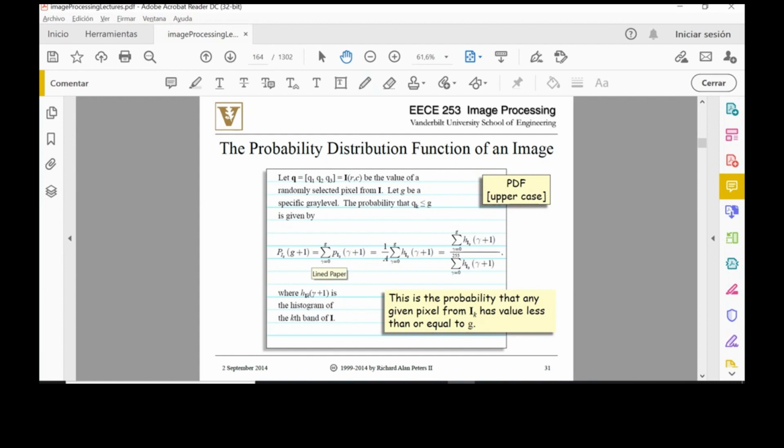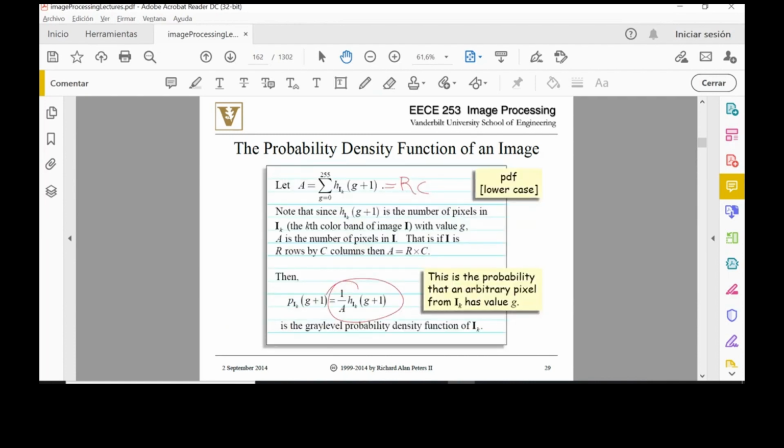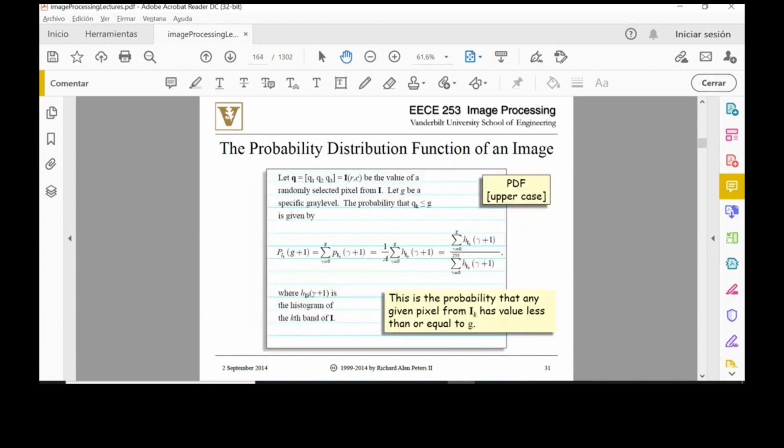Here we have used gamma. You have to use a dummy variable for the sum, and the end of the sum is G. That means we are including the probability of getting G. And this plus 1, you already know that it is something from MATLAB.